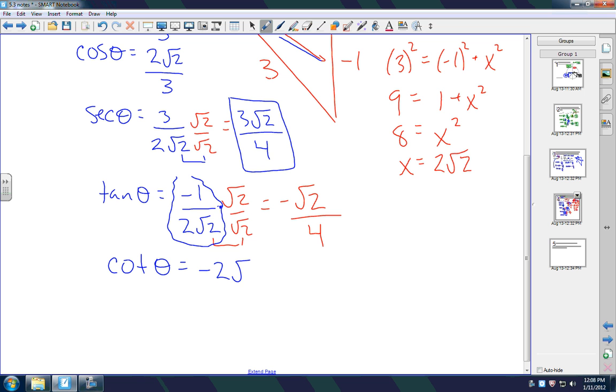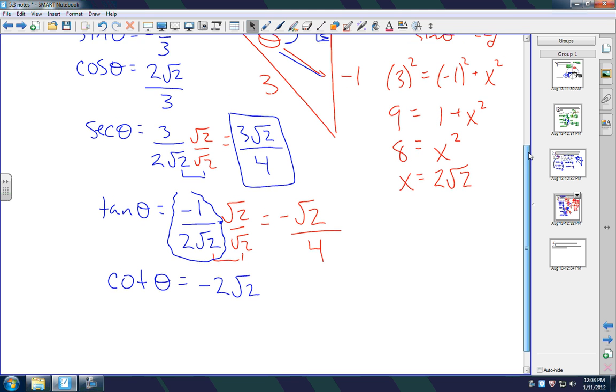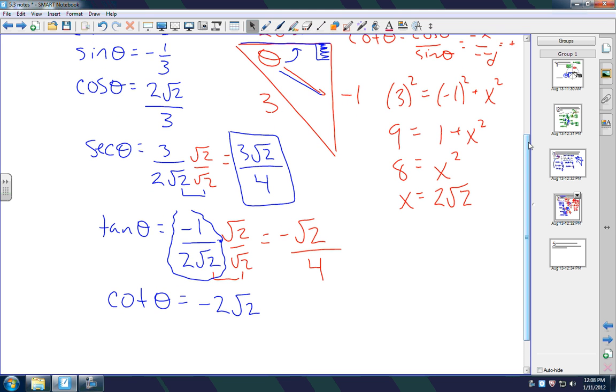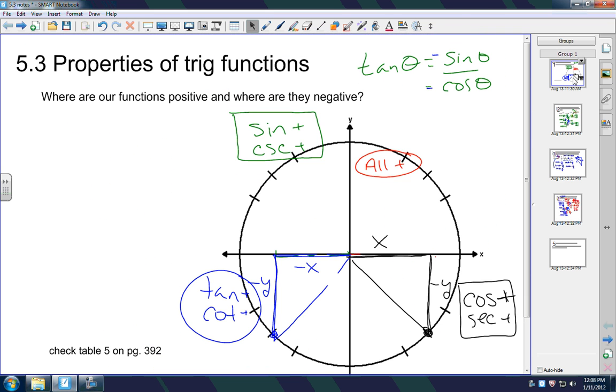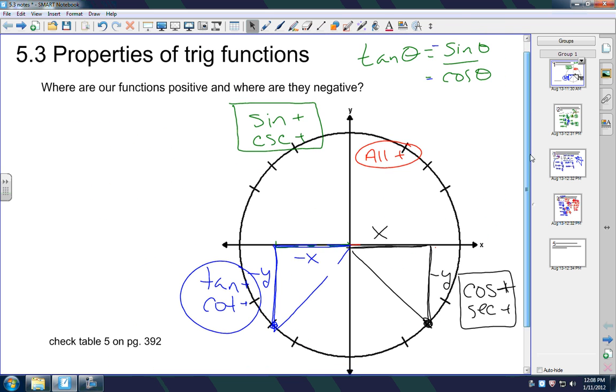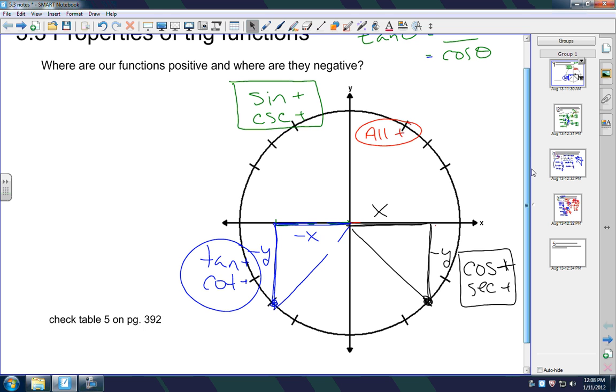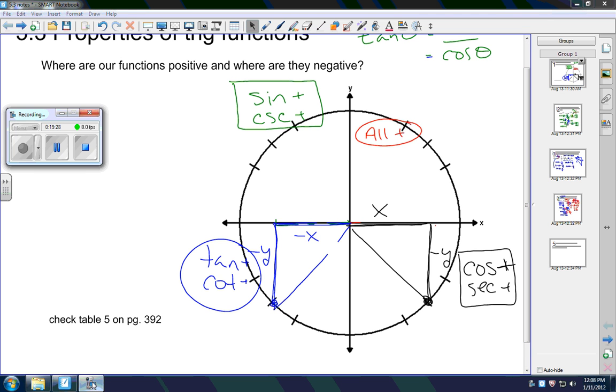So cotangent is -2 square root of 2. Focus on being able to get triangles in the right quadrants and not memorizing what's positive, what's negative, but just being able to draw a little picture, think about x's, think about y's. Okay, so come to class tomorrow with some questions on that.